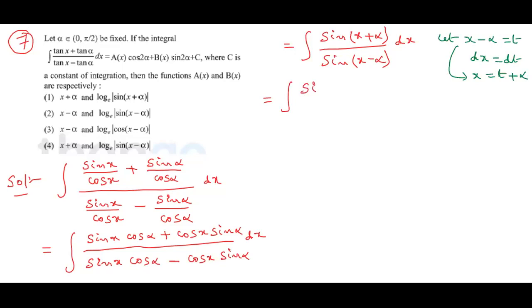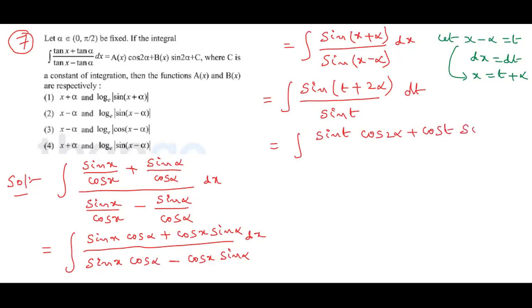We get sin of t plus 2 alpha divided by the denominator sin t dt. In the numerator, expand the formula: we get sin t cos 2 alpha plus cos t sin 2 alpha, divided by sin t.